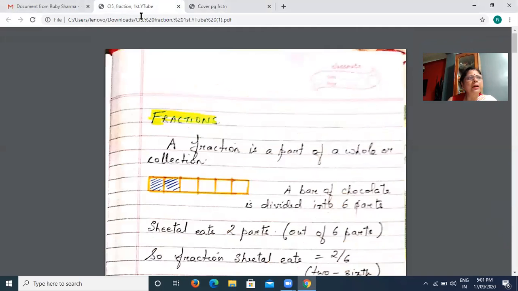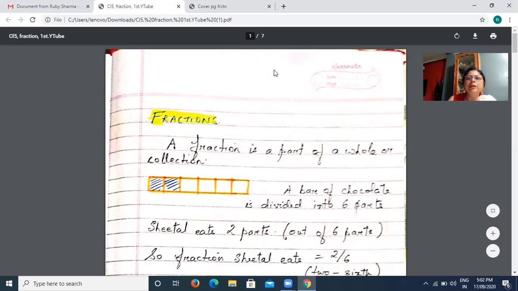Now suppose you have a pizza or any whole thing which you want to divide with your friends, then each part will be a part of the whole thing, and that is called a fraction. Now suppose you have 5 pens which you want to divide among 5 students, then each one gets 1/5 of whatever you have. That means 1/5 of 5 pens, which is 1 pen.